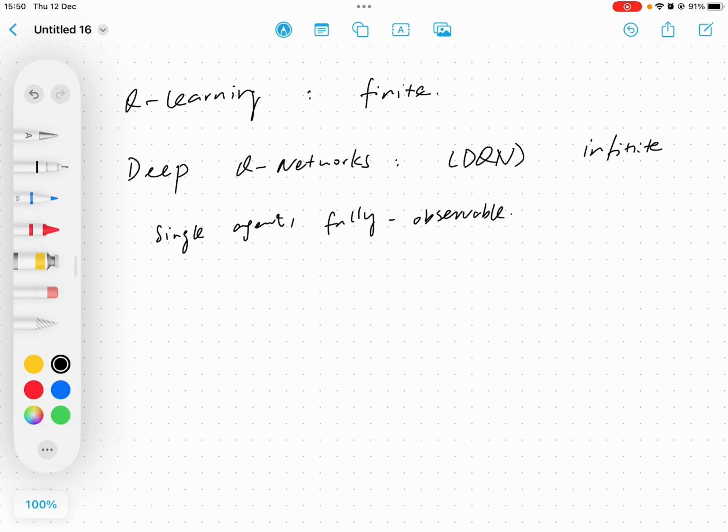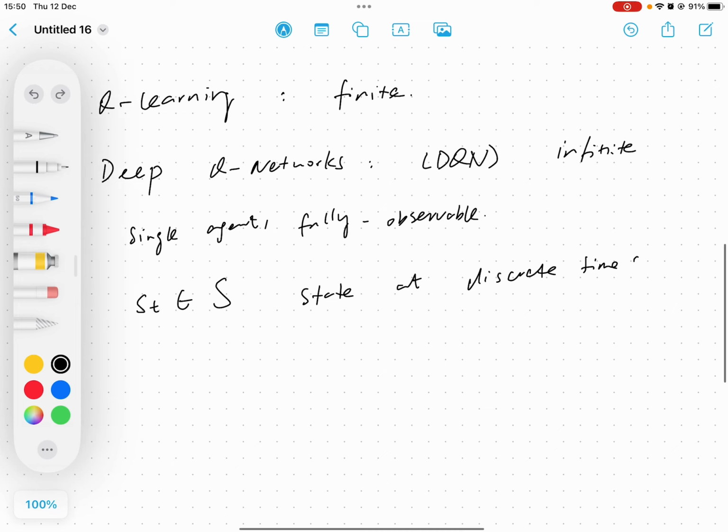An agent observes the current state S, the state at discrete time step t. Then after observing that, the agent chooses some action.